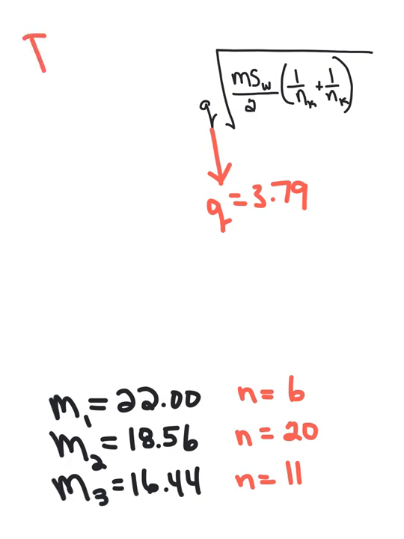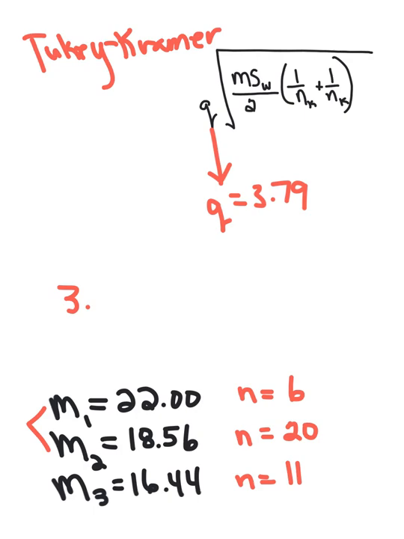So I'm going to put here Tukey-Kramer. So this would be useful for unequal sample sizes. With that being said, we can actually calculate what we need. So let's just say I want to look at mean 1 versus mean 2. So what I'm going to do is just plug things in.